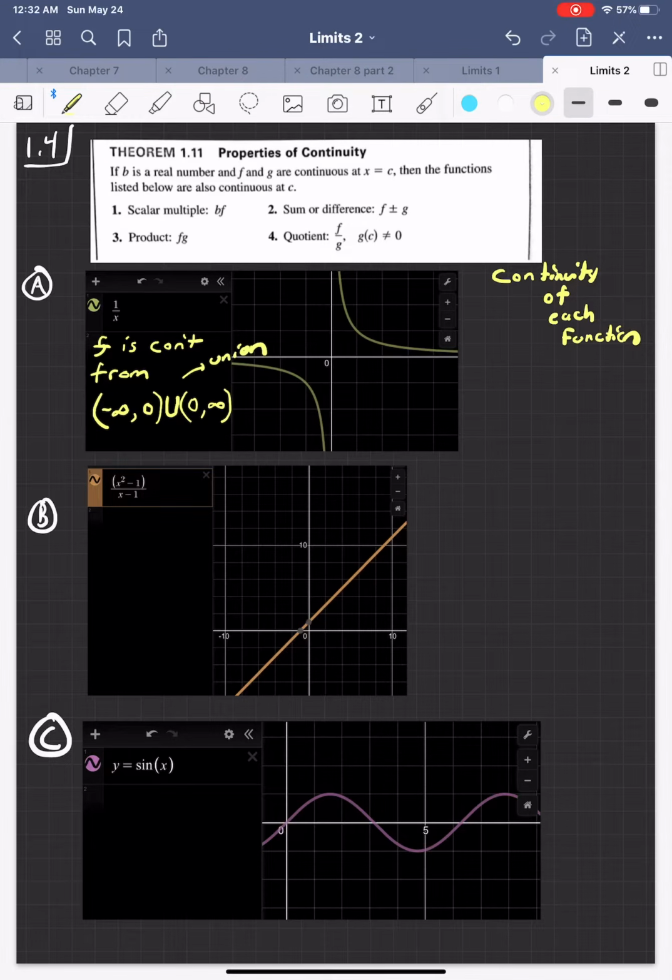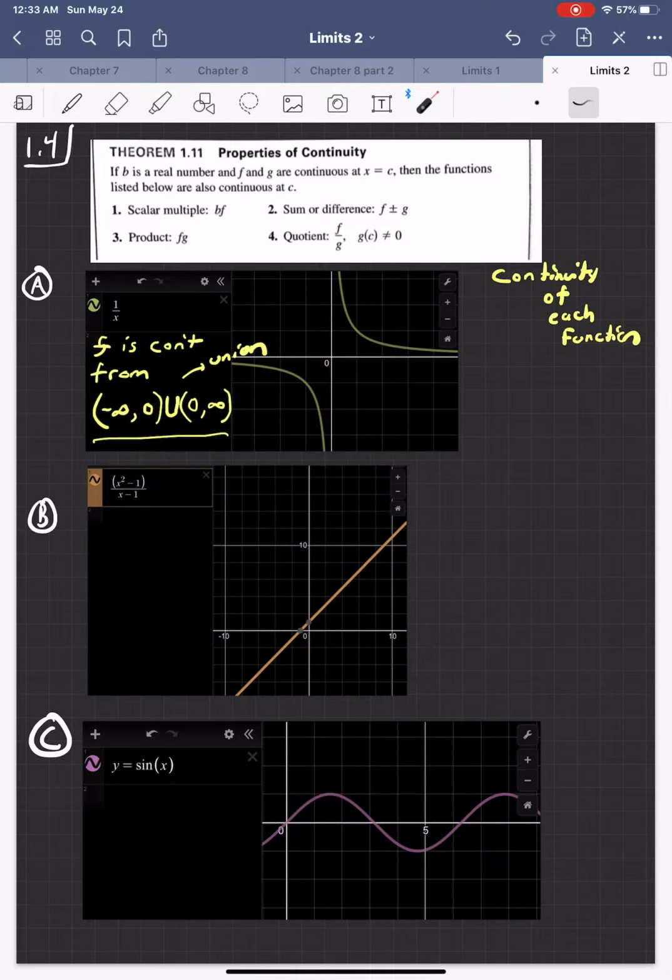So this is where the graph is continuous. It is not continuous at 0. Let me pose the question to you: when x equals 0, that's a point of discontinuity. Is that removable or non-removable? That's non-removable, right? Because it is a vertical asymptote.